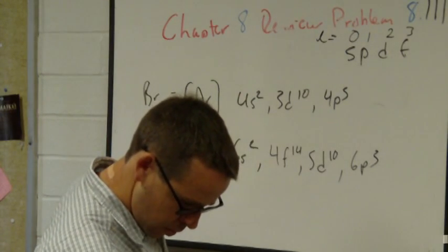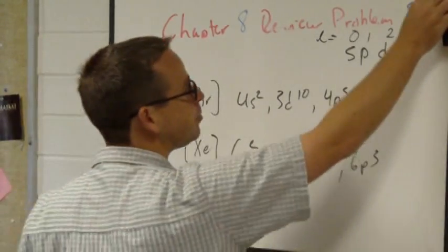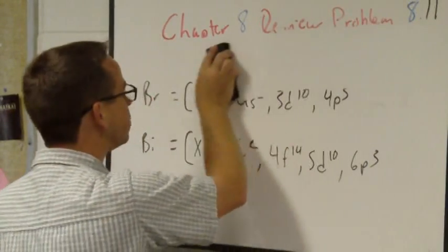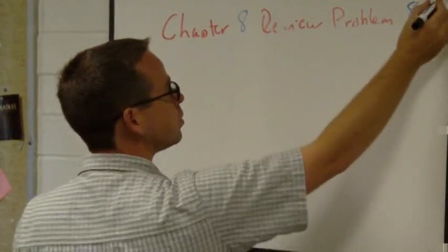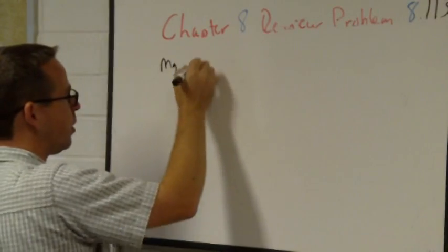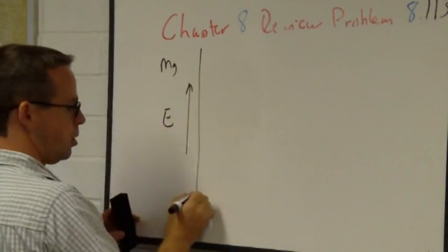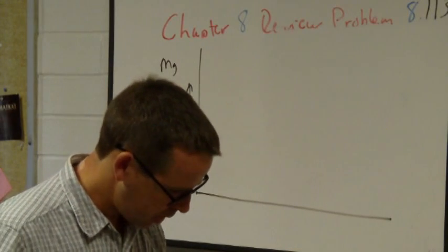Okay, 8.13. Draw a complete orbital diagram for magnesium and titanium. Orbital diagram for magnesium. Our orbital diagram shows energy levels, and we're just trying to identify where all the electrons are in magnesium.